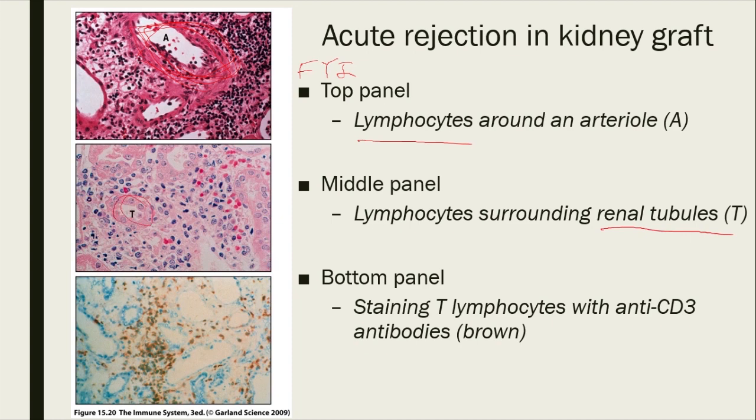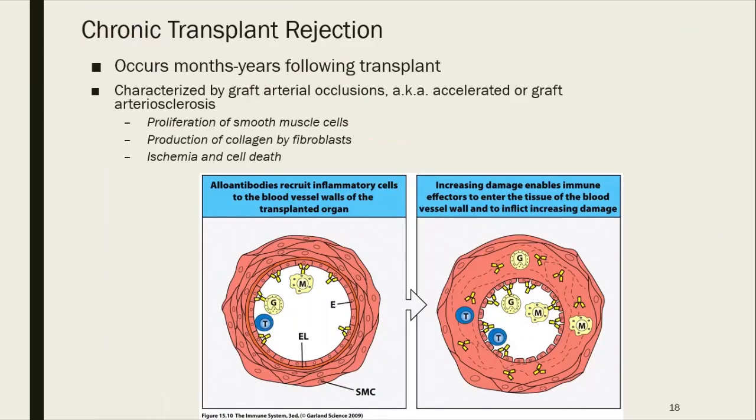Again, there's smooth muscle carried over during the transplantation. And the bottom panel shows T lymphocytes stained with anti-CD8 antibody, all these little brown stains. Don't worry too much about this graph, it's just for you to visualize a little bit.